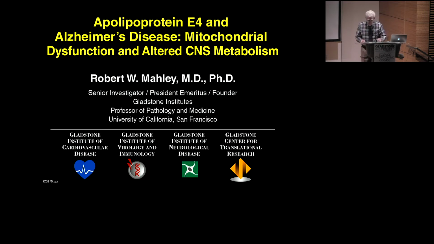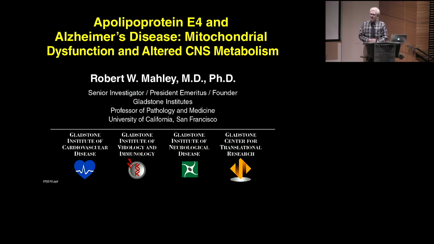From the title, you also know that ApoE is related to the disease called Alzheimer's disease. Many of you, almost all of us, know something about Alzheimer's disease, but I'm going to describe it in a little more detail to put it in the context of what I want to talk about. Alzheimer's disease is a terrible disease.